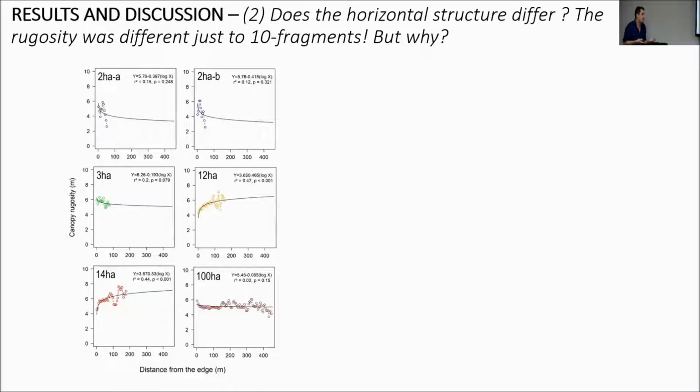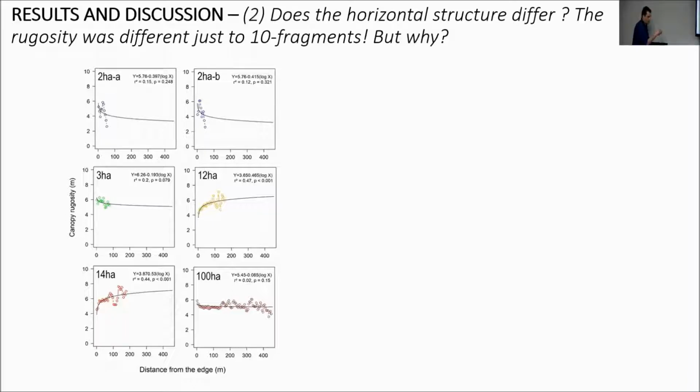We discussed that, saying in the small fragments, the whole area was affected. The whole area, the trees died, and because we lost the bigger trees that create the rugosity, the rugosity is the same, because the whole fragment was affected, and you have basically a flat canopy surface. But for the middle size fragments, there's a buffer effect.